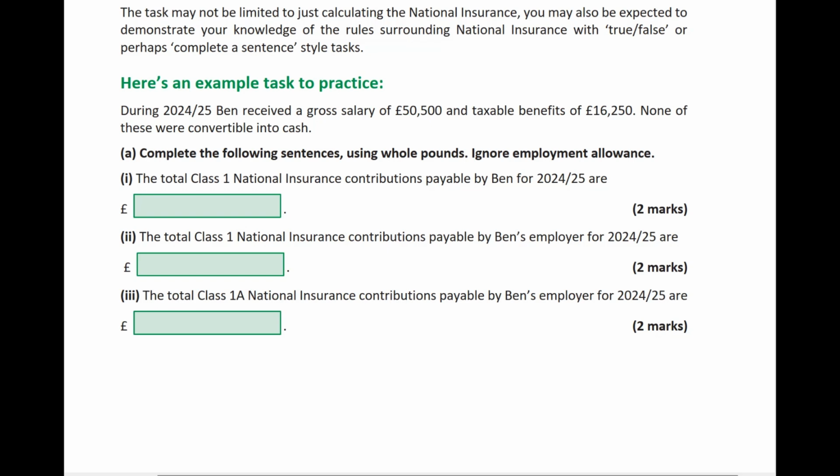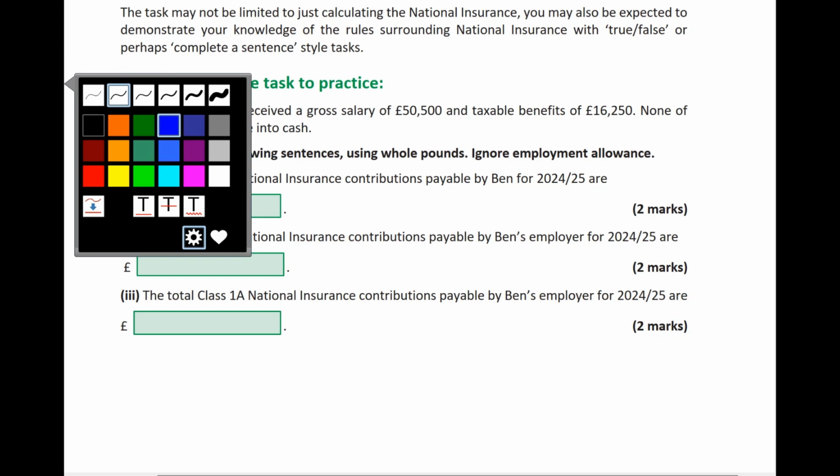We will, however, pay Class 1A national insurance on those, but that comes later. Let's work out the Class 1 national insurance payable by Ben then. Notice how in part 2 it asks for the Class 1 national insurance payable by Ben's employer. So we're starting with Ben, we'll move on to his employer.